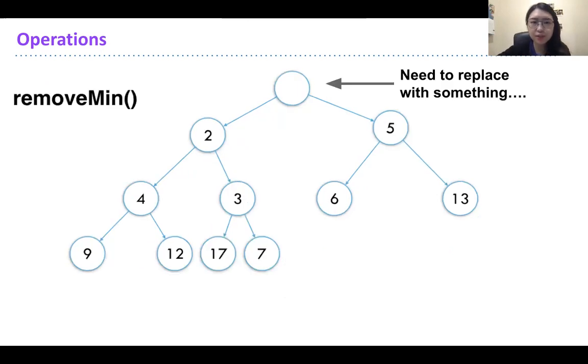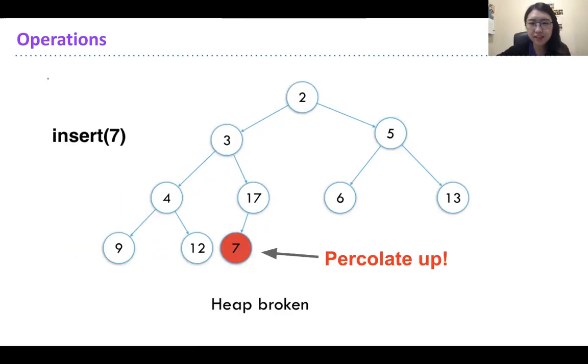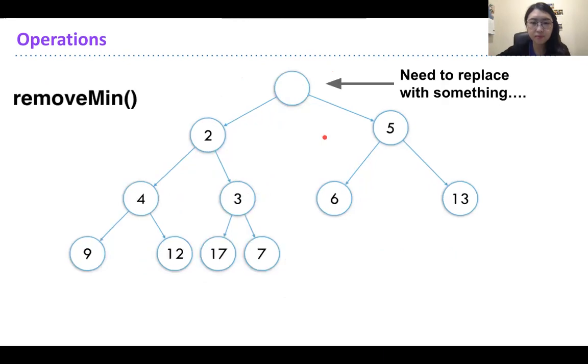Another operation is remove min. We previously had something like this, right? And then we call remove min on the root. So now the root is currently empty. What we should do is get the rightmost value, because that's the safest item to remove. If we just removed, say, this 2 or 5, things would be much more complicated, right?